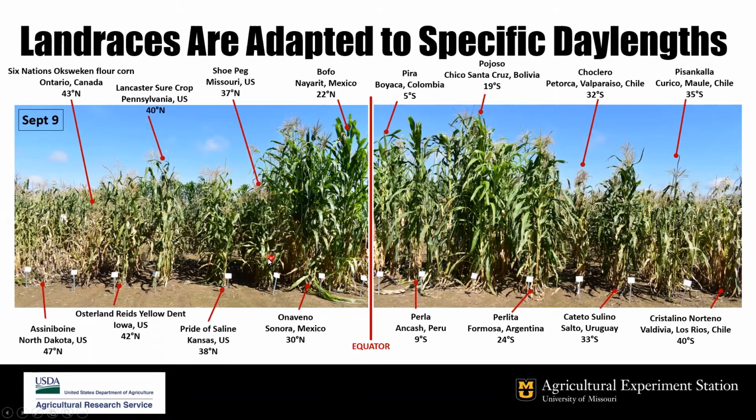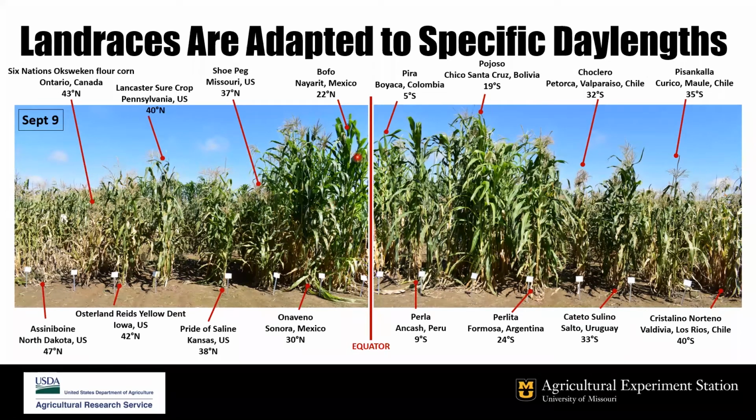Notice that the plants are getting taller and taller as we move closer to the equator. These land races are adapted to the shorter days, the 12 hours of day and night that is present at the equator. And so they are waiting for the right environmental signals to initiate flowering. And in the meantime, they're just going to continue to grow and grow and grow until the short day length signal is received and they begin flowering.